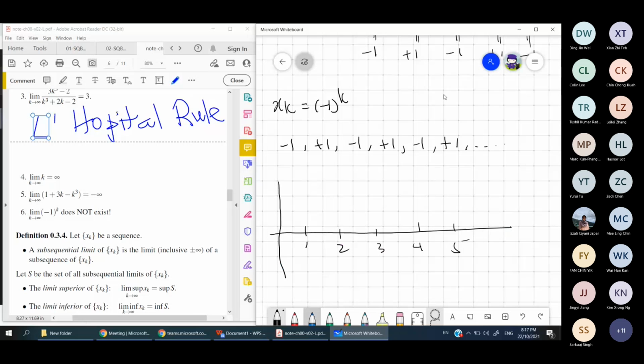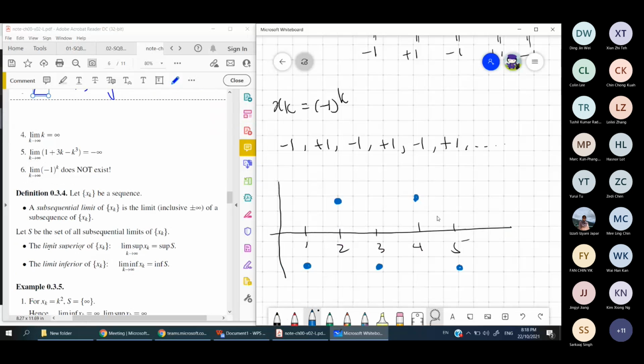When we have -1, positive 1, -1, positive 1, -1, it keeps oscillating up and down, so it will never converge to one particular value. That's why the limit does not exist. All of this you should have already learned in calculus.